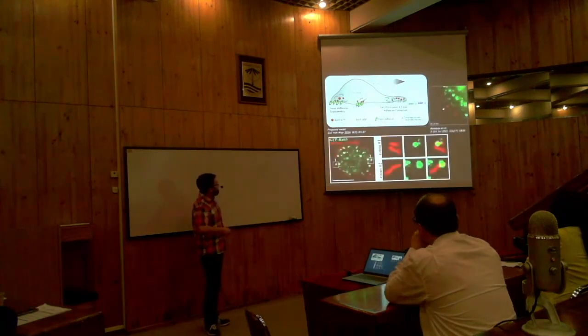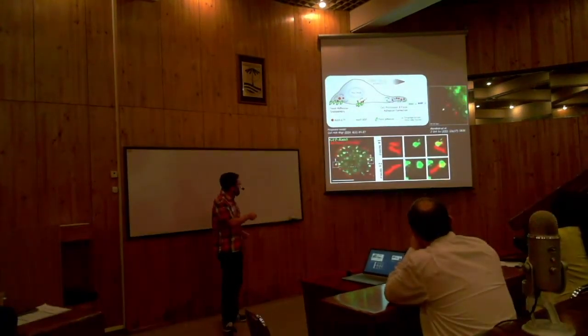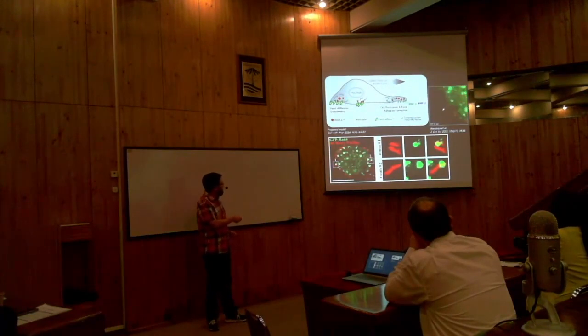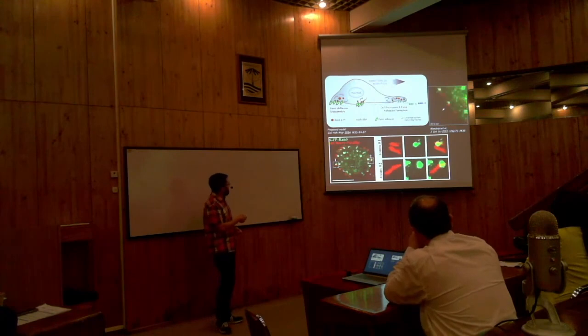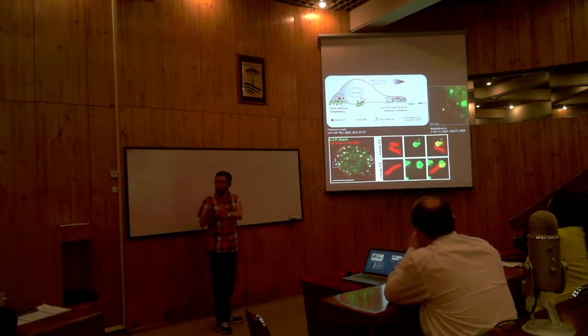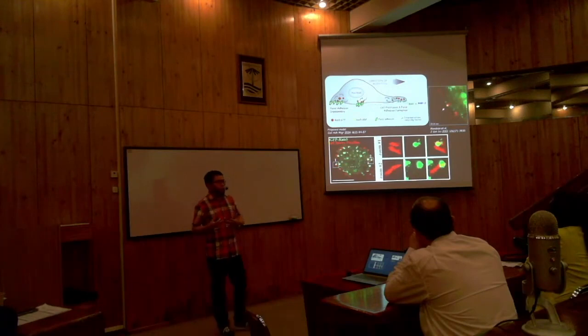So specifically, if you see here, there's an image from a GFP-tagged Rab5, which is fluorescent in green, and a marker of these focal adhesions, this adhesion with the extracellular matrix, in red. And you can see a partial co-localization between both markers.